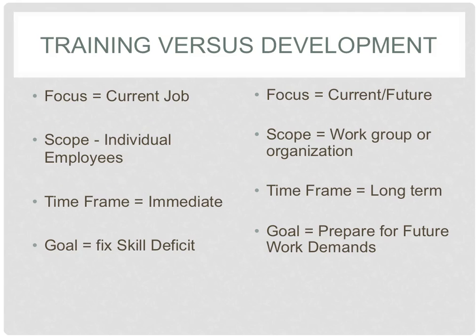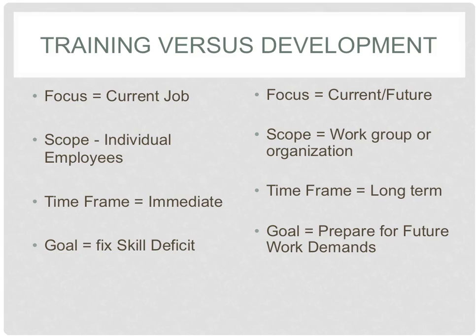In terms of the next slide, what is training versus what is development? How do they differ? For training, it's a focus on the current, the here and now. What do we need in this moment for someone to be able to do their job and to be functional at their job right now? The scope is looking at individual employees and specifically what they need.